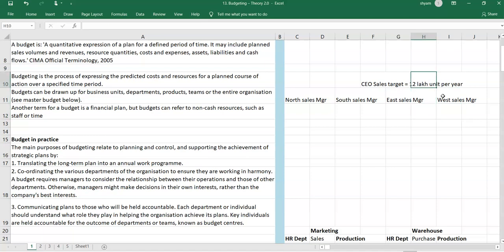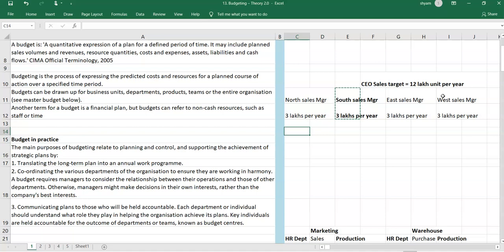So this full target will be broken into 3 lakhs per annum, so that each of them has to achieve this per year. Now the south zone manager has his own target, where he will have several junior managers.